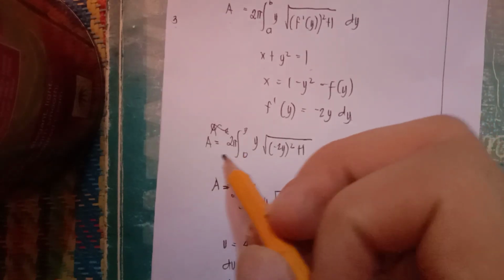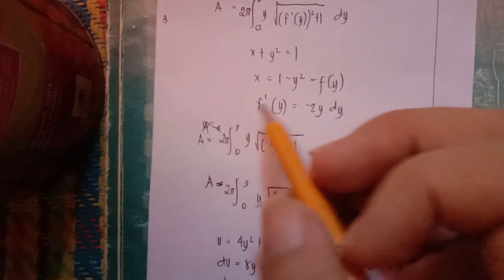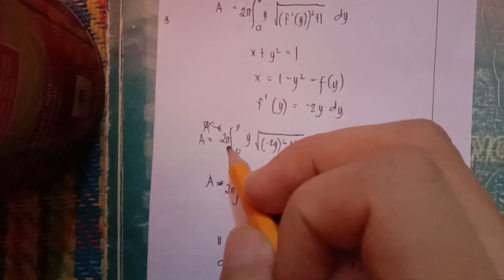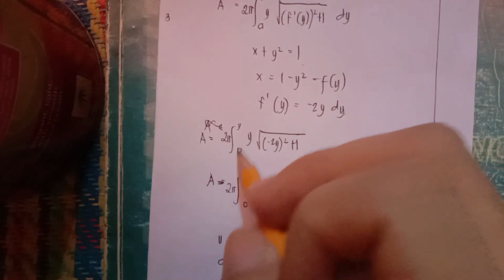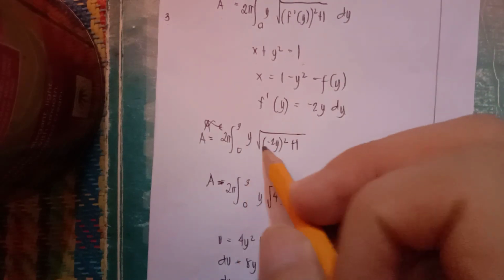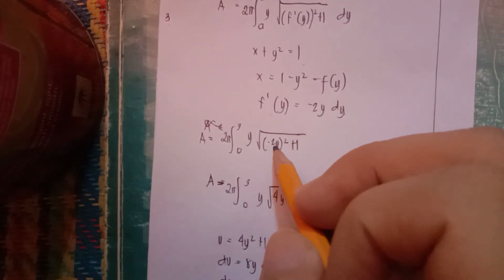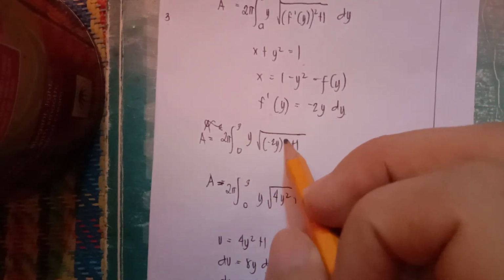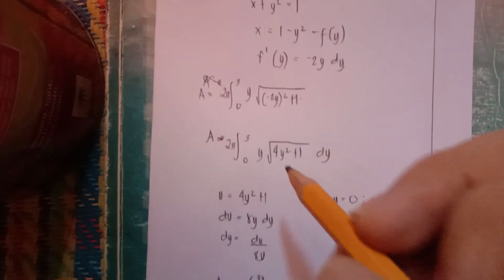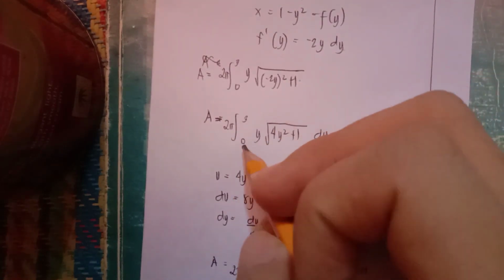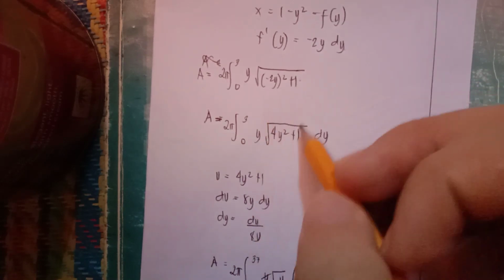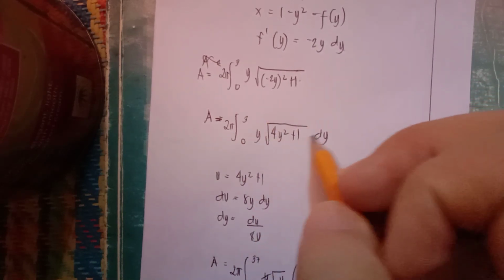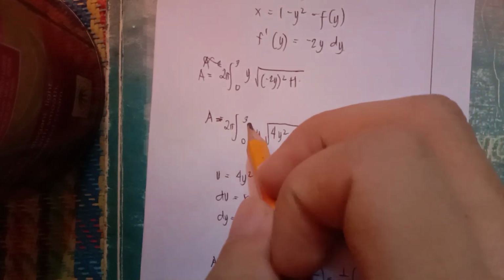Then let's substitute 2 pi from limit 0 to 3 of y times the square root of 2y squared plus 1. So it becomes 2 pi times the integral of y times the square root of 4y squared plus 1 dy from 0 to 3.